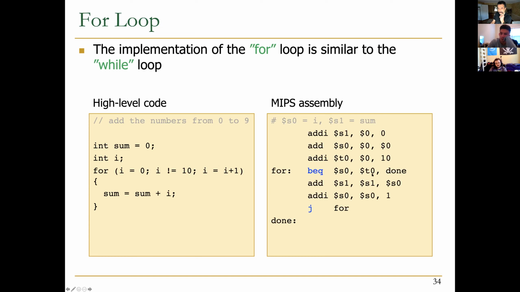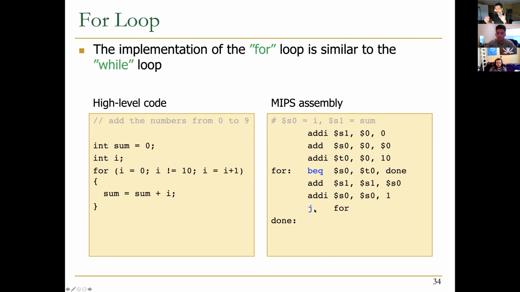So if I is equal to 10, we jump to done. Otherwise, what we need to do is add S1 to itself. S1 was the sum, and then use add immediate in order to increment I. And then we do this until we are done, and we can branch here.